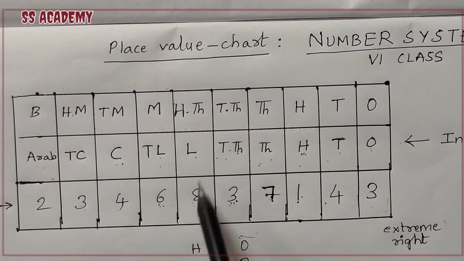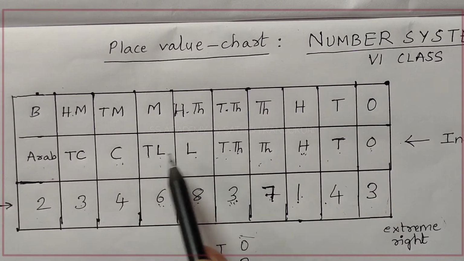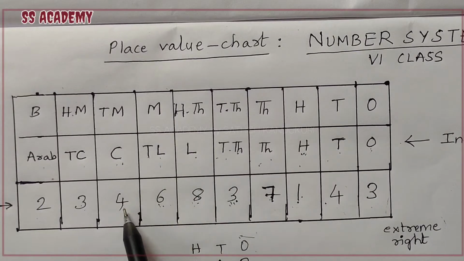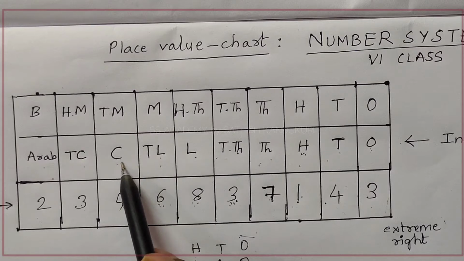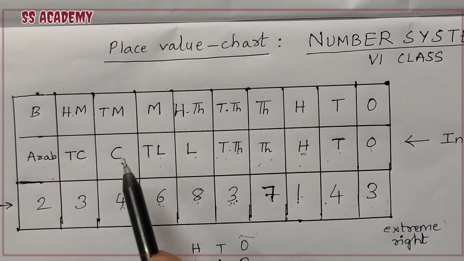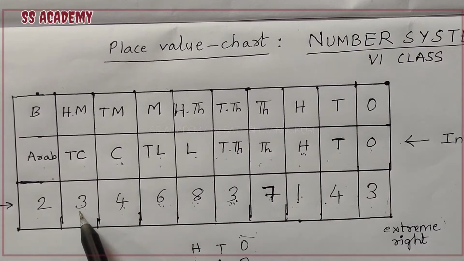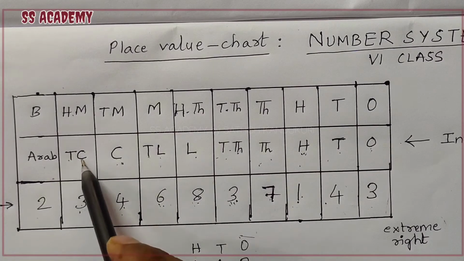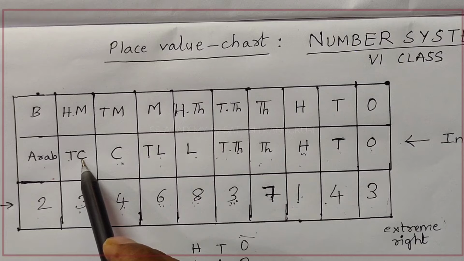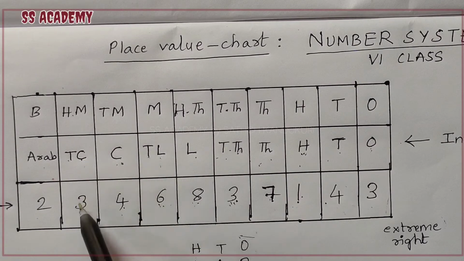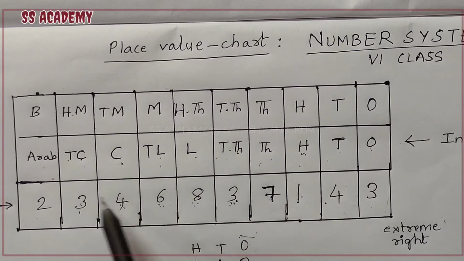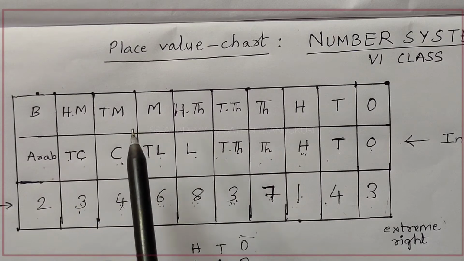After completion of lakhs, 4 is here. 4 is in crores place. After that we have 3, which is in 10 crores place. So 3 and 4 both are under the crores category.